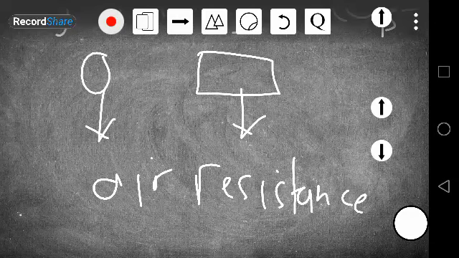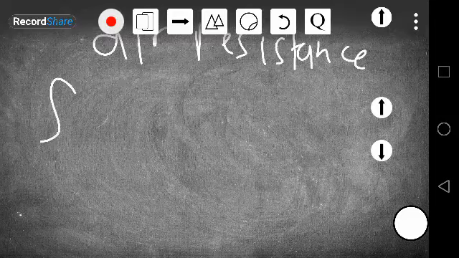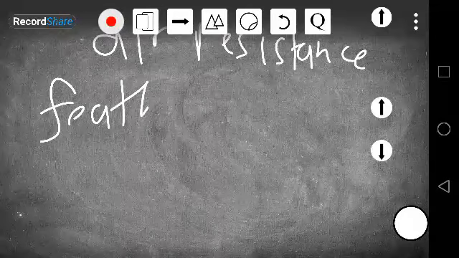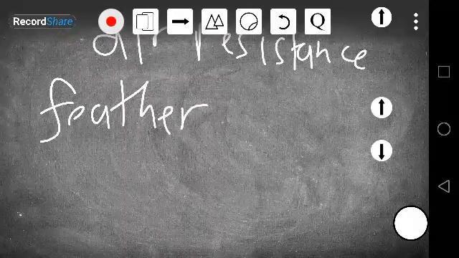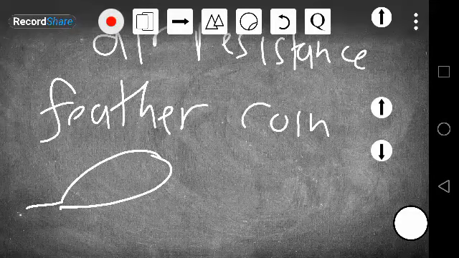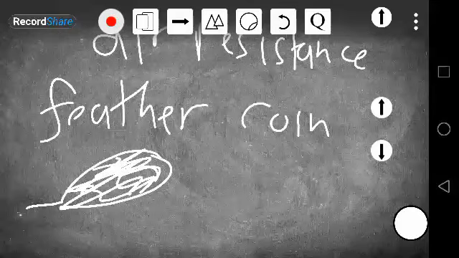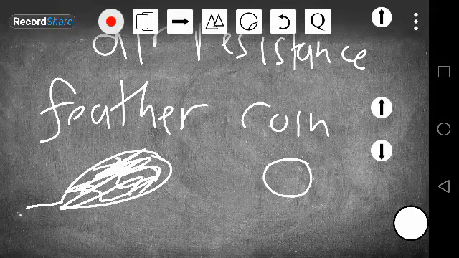So what happens? Let's look at an example of a feather falling together with a coin. Okay? This is a feather, and it is falling together with a coin.